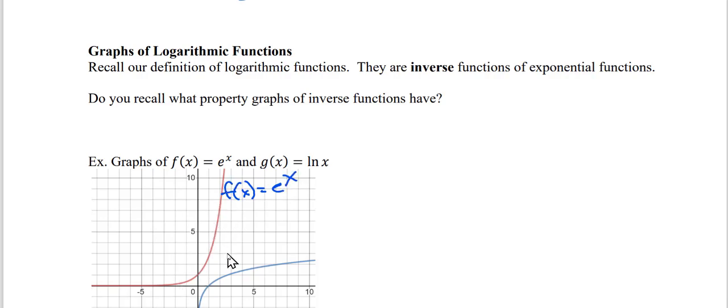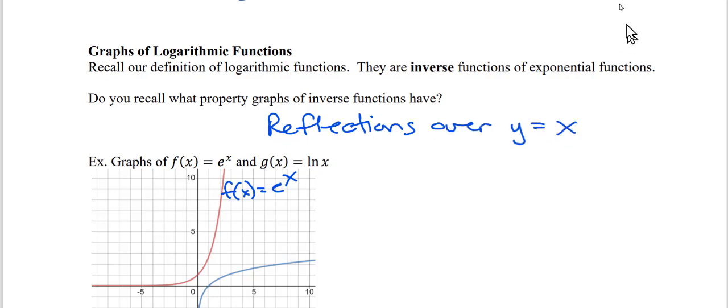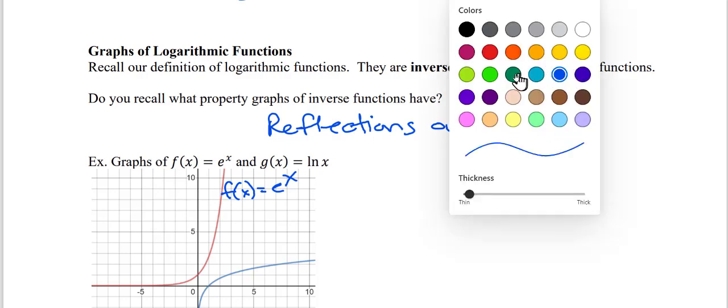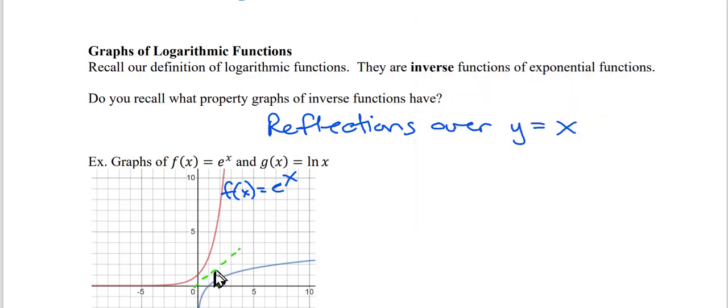One other thing to recall is what it meant about the graphs of inverse functions. What did we know about them? What we learned was that they are reflections over the line y equals x.